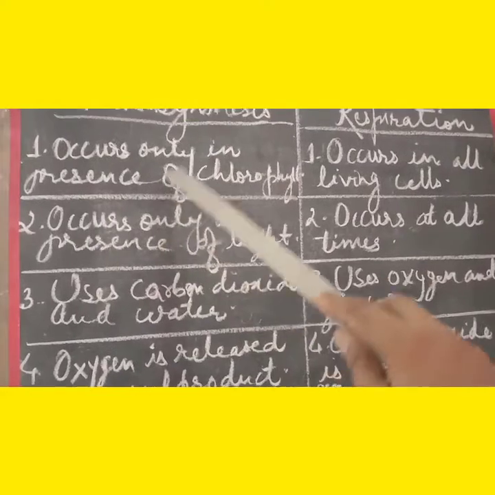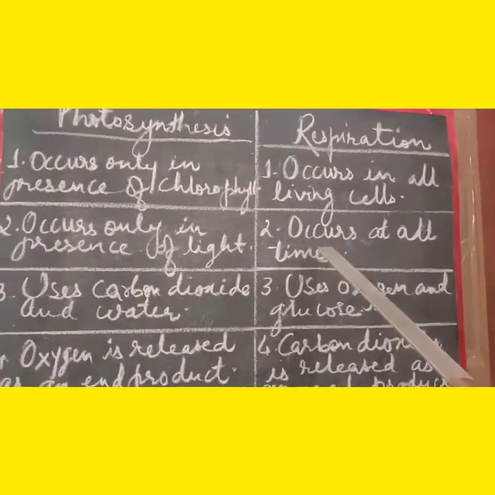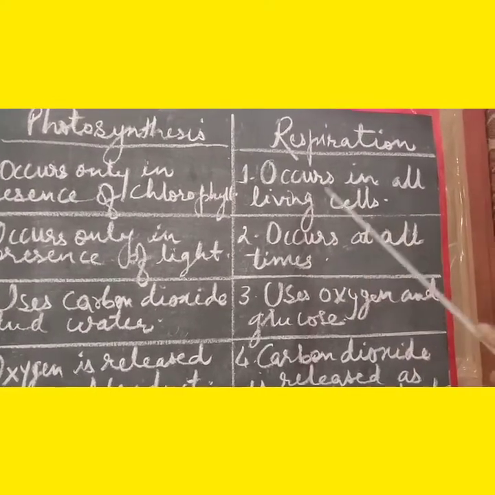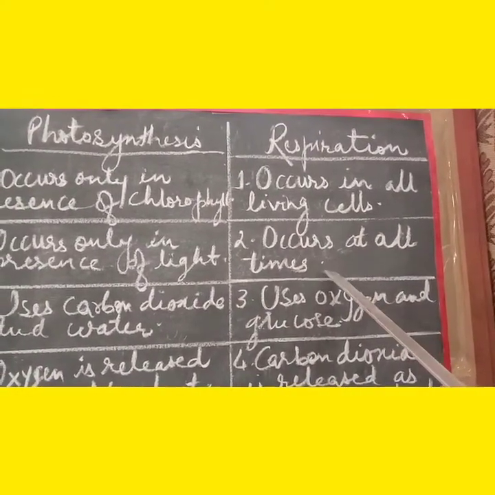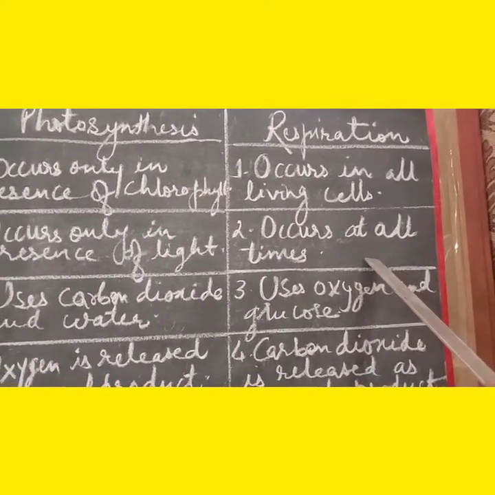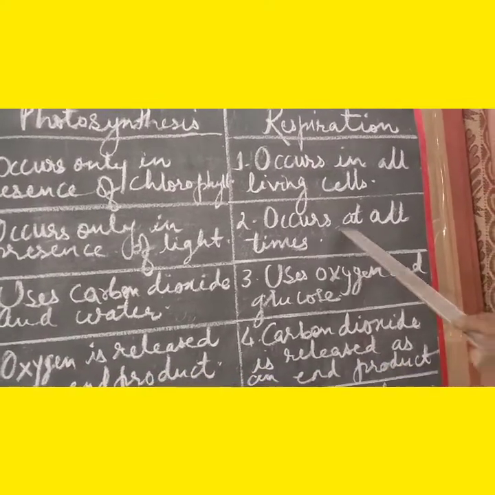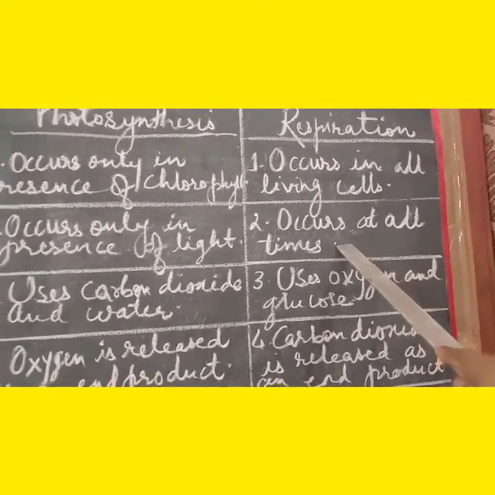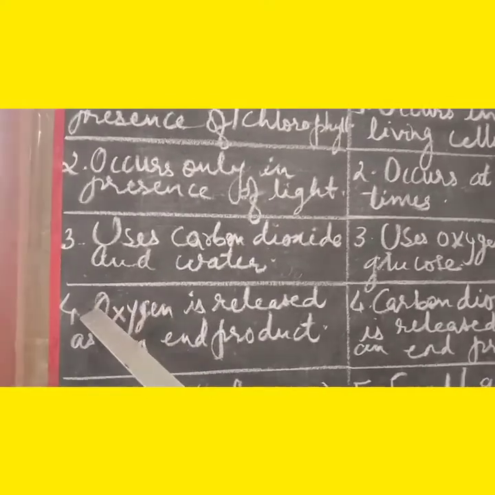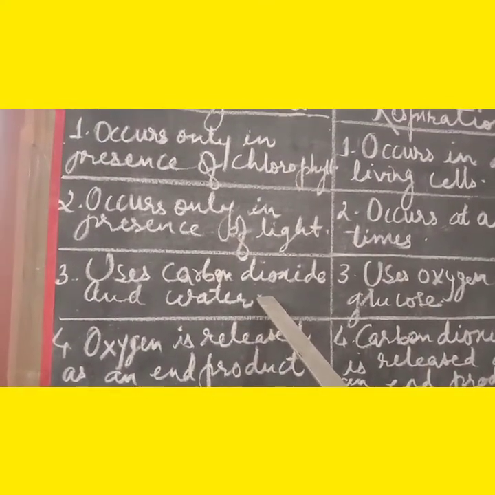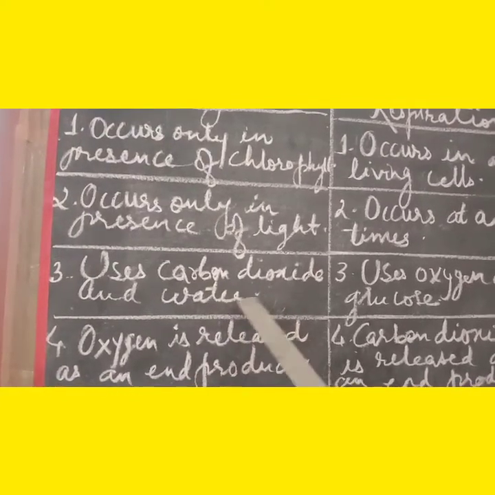Next, photosynthesis occurs only in presence of light, but there is no such binding for respiration. In case of respiration, it occurs at all times, independent of light. Next, during photosynthesis, the raw materials required are carbon dioxide and water.